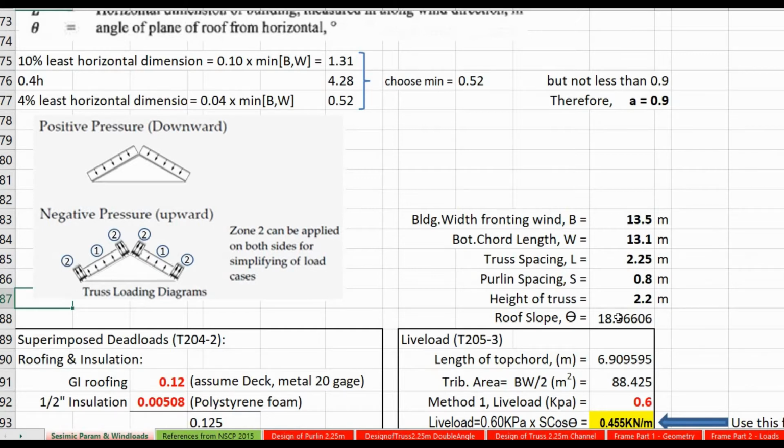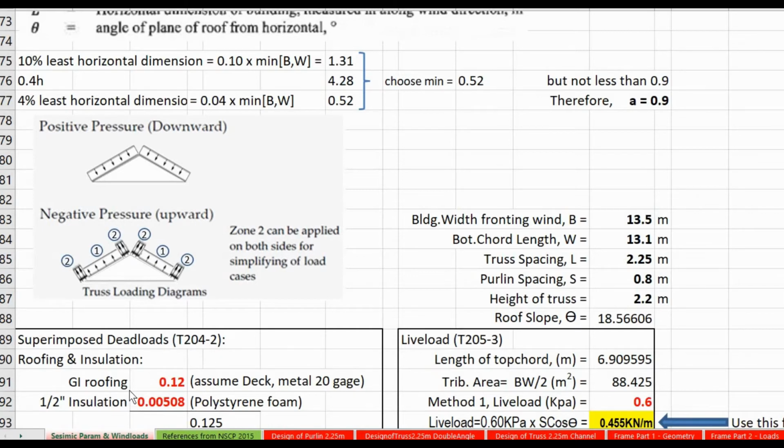Now, we compute the superimposed dead loads. So, this is taken from table. This is based on table 204-2.